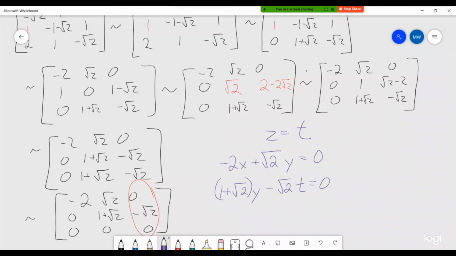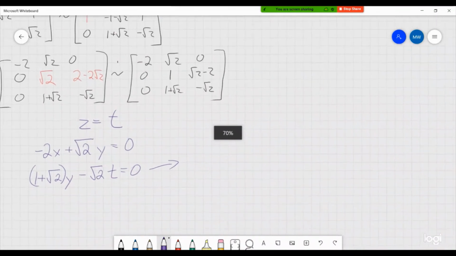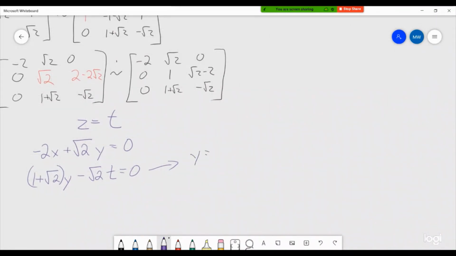So solving for y from the second equation, that's going to give us y equals the square root of 2t divided by 1 plus the square root of 2, which is valid but probably not of a form that we would like. So that's t times square root of 2 over 1 plus the square root of 2.